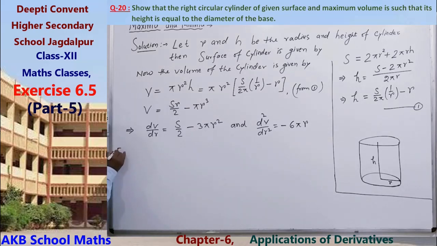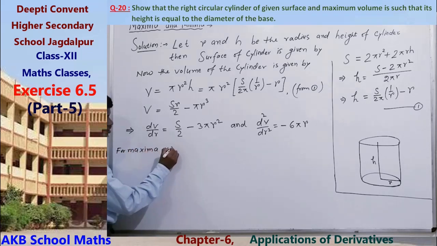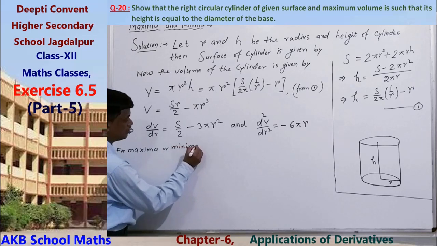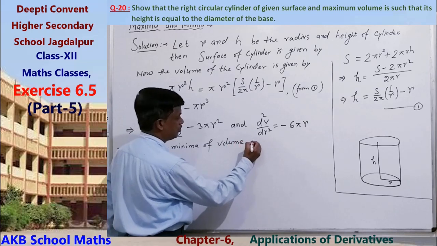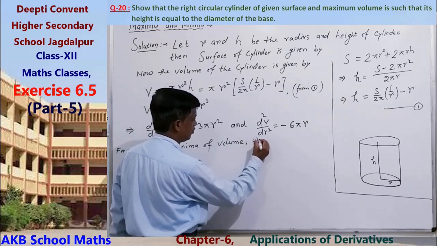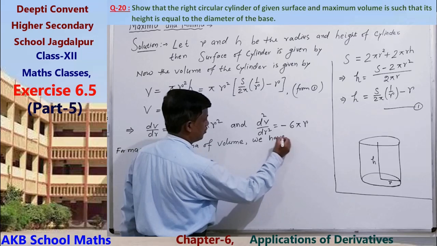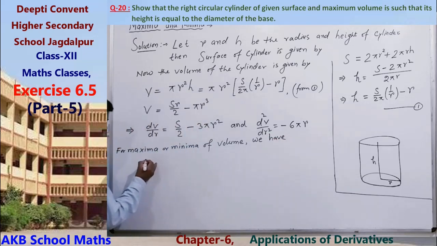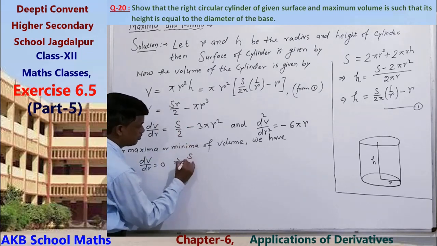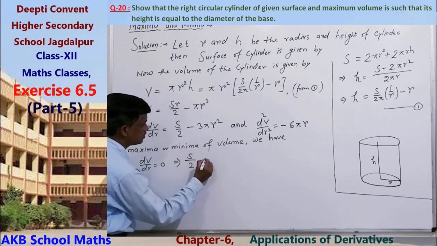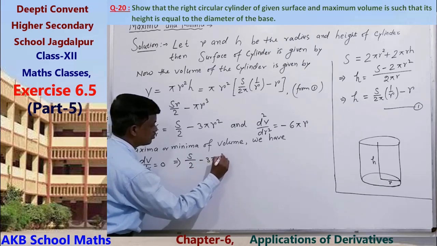Now for the maxima or minima of volume, we have dV upon dr equals 0, that is S upon 2 minus 3 pi r square equals 0.